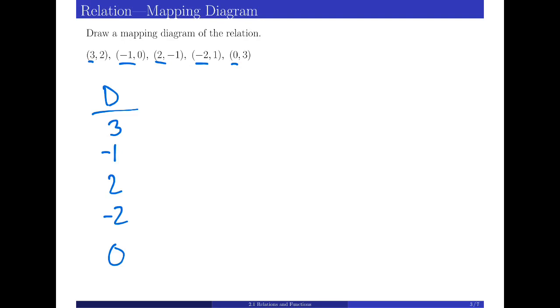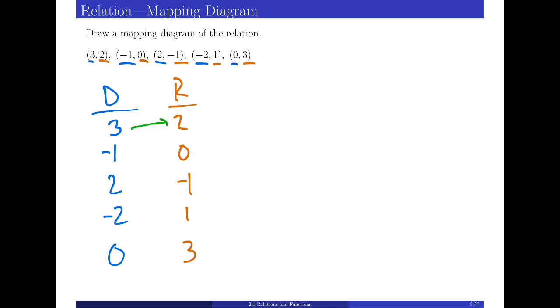If you wanted to be a little more organized, you could put those in numerical order. And then we'll also list the numbers in the range. So this is the range: 2, 0, -1, 1, and 3. And then we just draw an arrow to map what values go to another.